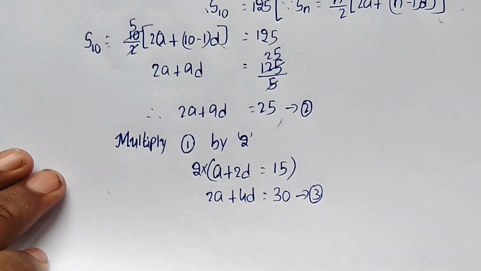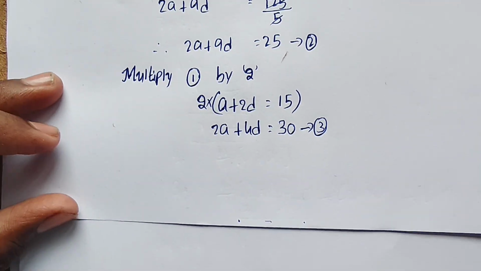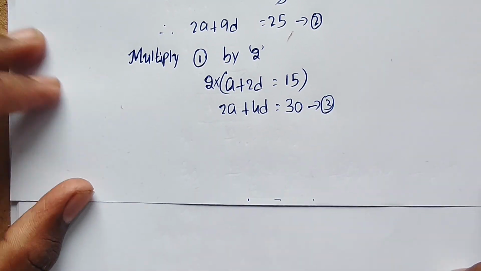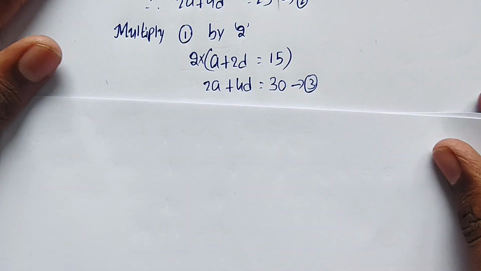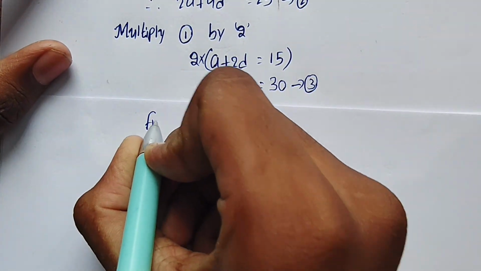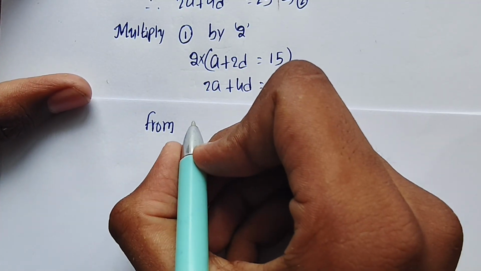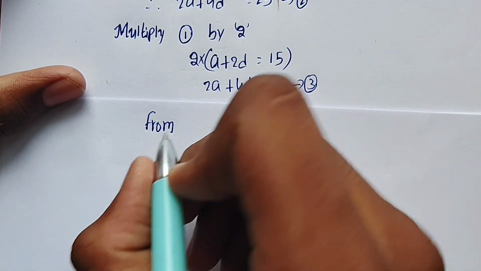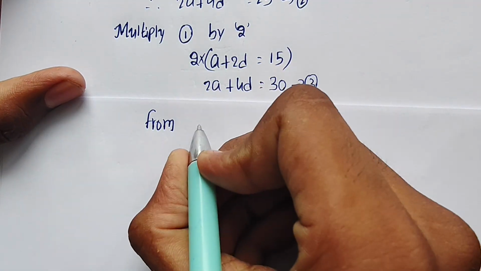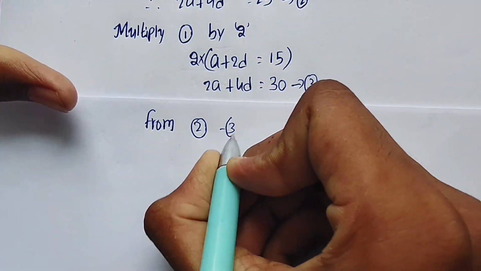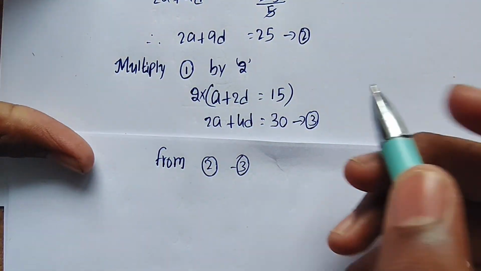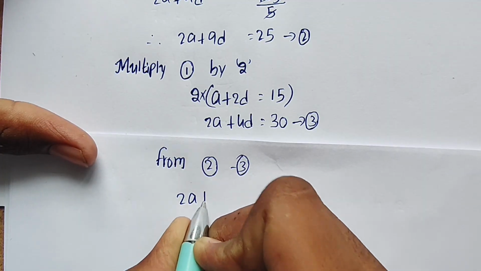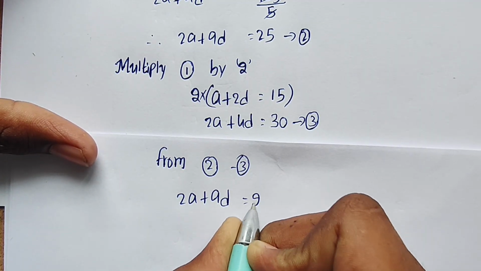Now from equation 2 minus equation 3. What is equation 2? 2a plus 9d equals 25.